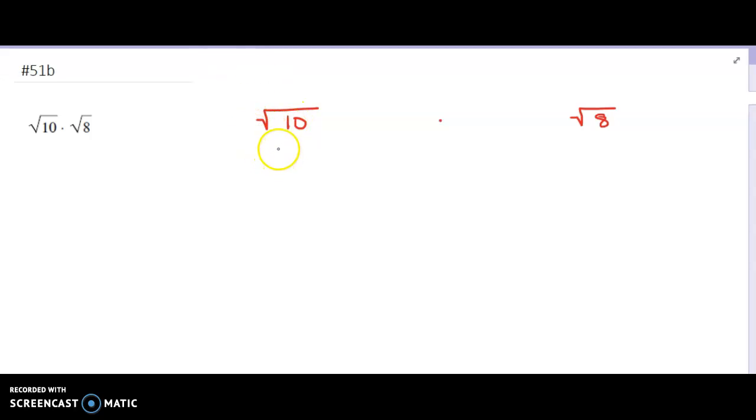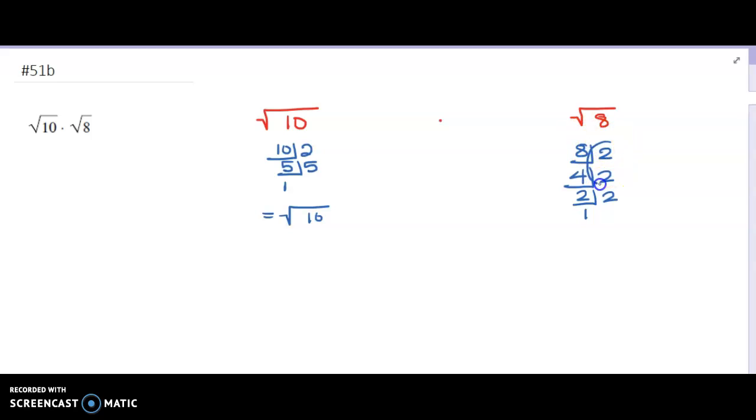So the square root of 10, 2 goes into 10 5 times, 5 goes into 5 once, 1, you're done. So it doesn't simplify, it just says square root of 10. Okay, the square root of 8 does simplify though. So let's break it down. 2 goes into 8 4 times, 2 goes into 4 twice, 2 goes into 2 once, 1, you're done.